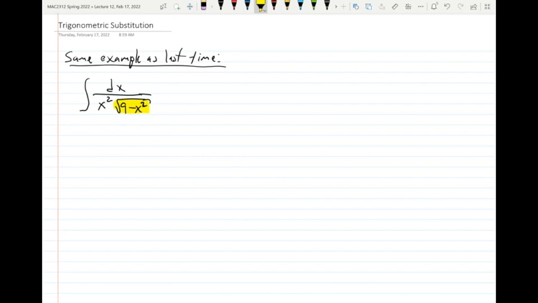Now, this is not a 1, this is a 9. So you either factor out the 9, or you compensate by putting a 3 sine in here. If I put a 3 sine in where x is, when you square it, you're going to get 9 sine squared. Then I can nicely factor out the 9. Okay? So you see this, and this is something that you memorize, that when you see that expression, then the substitution that makes sense to do here is x equals 3 sine of theta.